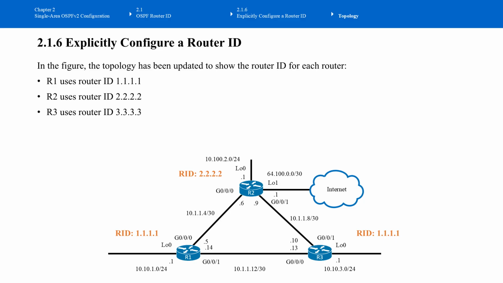Second, it makes network documentation and troubleshooting much easier. When you see router ID 2.2.2.2 in an OSPF neighbor table or debug output, you immediately know the information comes from R2. Finally, manually assigning router IDs prevents unexpected changes that could occur if the router was selecting its router ID automatically from the interface addresses.